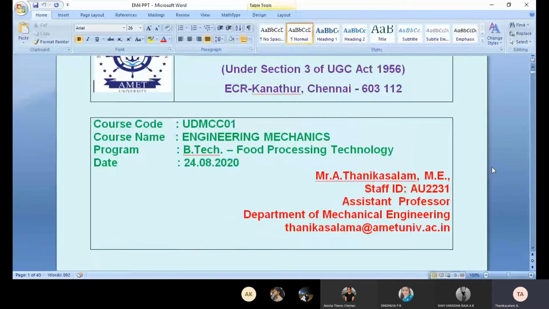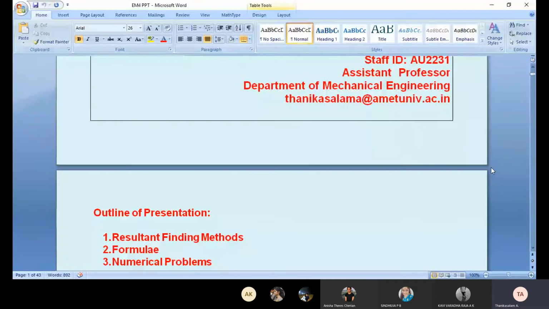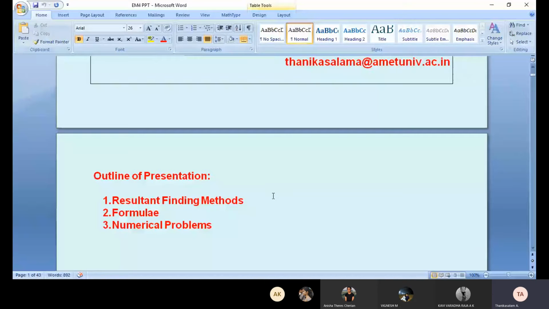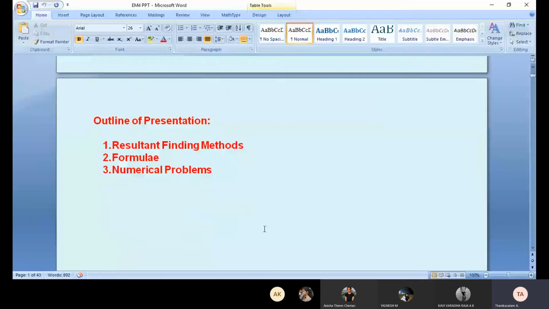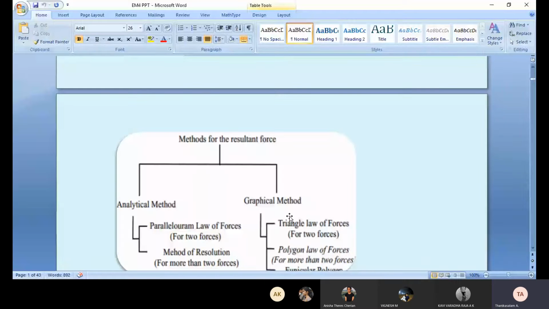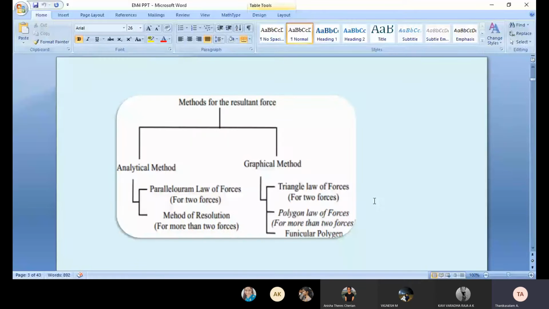So today our outline of presentation: resultant finding methods, formulas and numerical problems. We know resultant means a single force which replaces all other forces acting on the body. The resultant force finding methods are the parallelogram law of forces and the triangular law of forces.